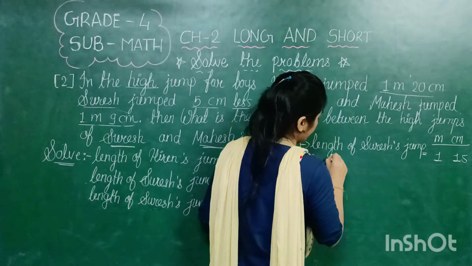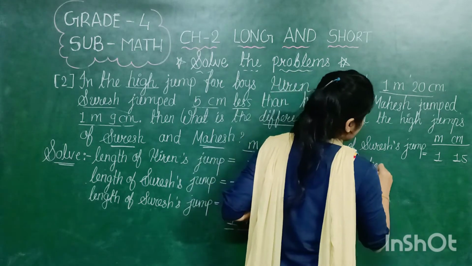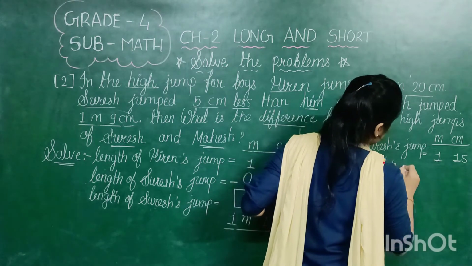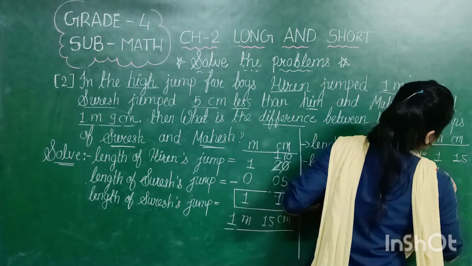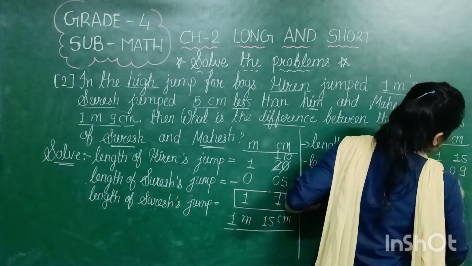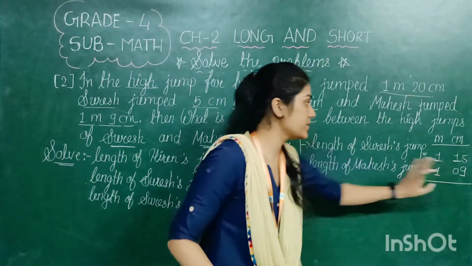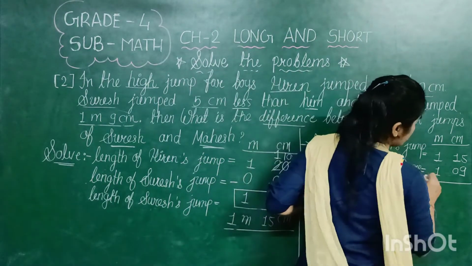Length of Mahesh's jump, 1 meter 9 centimeter. There is no need, 0 is given here, but you have to write in this manner. Subtraction sign.